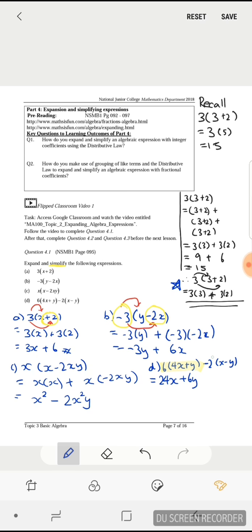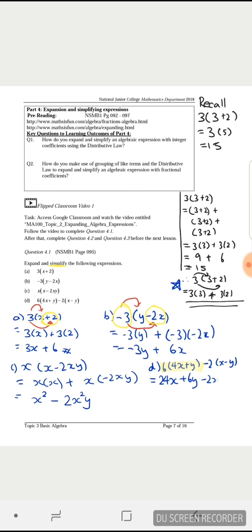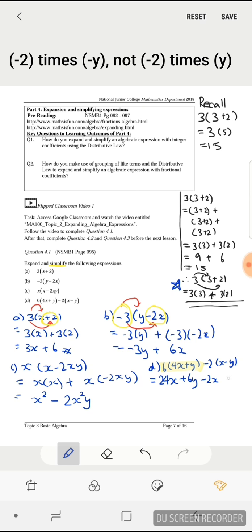Next one. From here, negative 2 times x gives you negative 2x. Okay? And then take a look at this one. This is negative 2 times y or negative y. Yes, negative 2 times negative y.